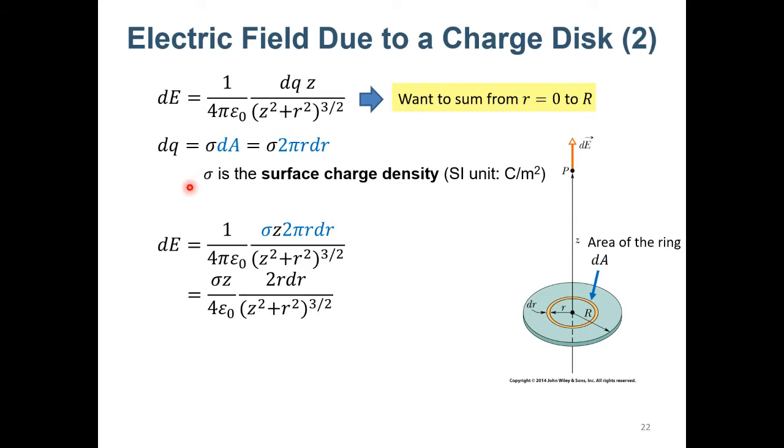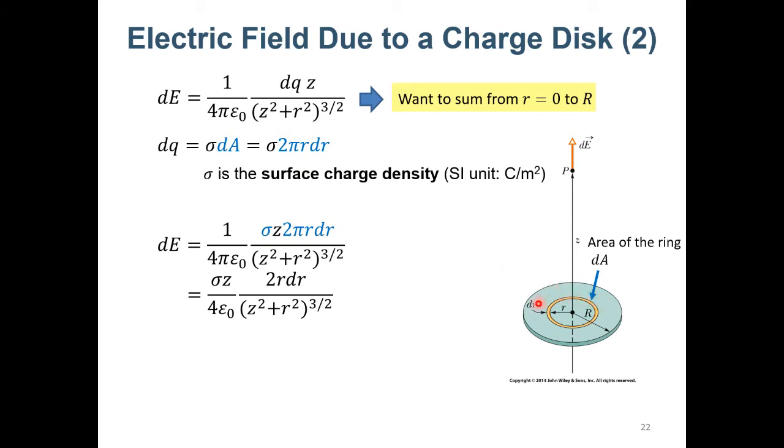Now we have a surface charge density, which means that if you multiply the surface charge density by the total area, it will be the total charge, because the charge is uniformly distributed. The surface charge density has SI unit C per meter squared. So dQ equals sigma times dA.